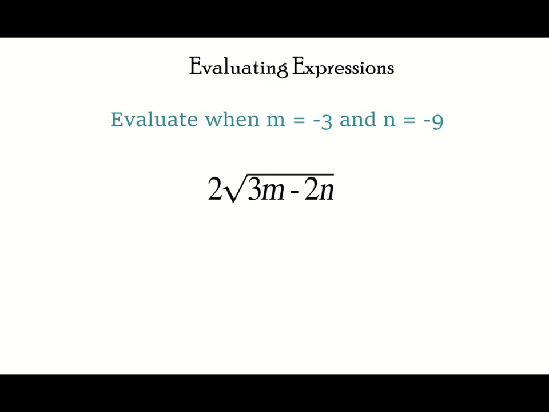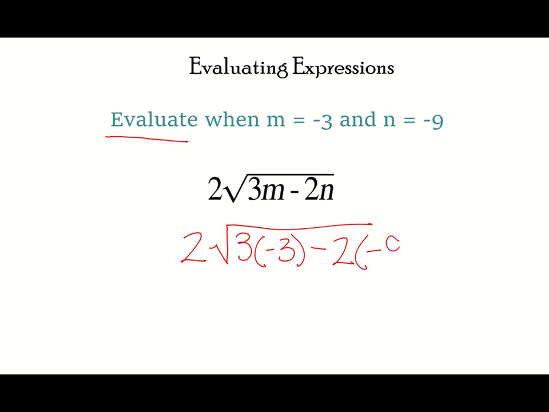And the final problem, this is another way that it might say it. It might actually say evaluate when m is equal to -3 and n is equal to -9. So it's telling you to evaluate, figure out the value. So again, I'm just going to plug into the m and the n, keep everything else the same. So 3 is being multiplied by -3, minus 2 is being multiplied times -9. And that's all in the square root symbol.